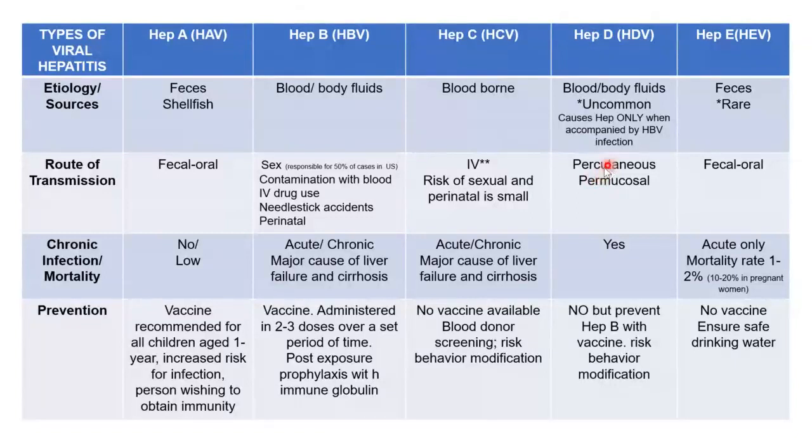The route of transmission is mucosal, and yes, it becomes chronic. Prevention is really none, but it can be prevented with a hepatitis B vaccine and risk behavior modification. So prevent hepatitis B, and that in itself will prevent hepatitis D.